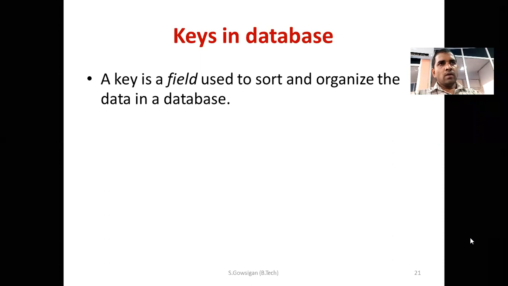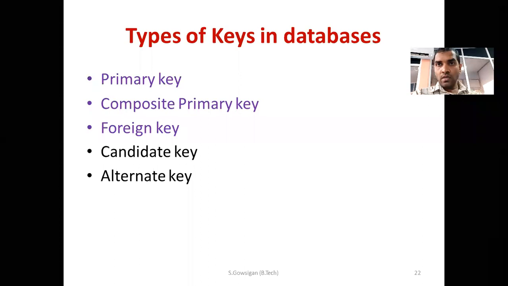There may be many keys in a table. There is a key called primary key. I will explain about primary key a little later. Let me list down everything now.